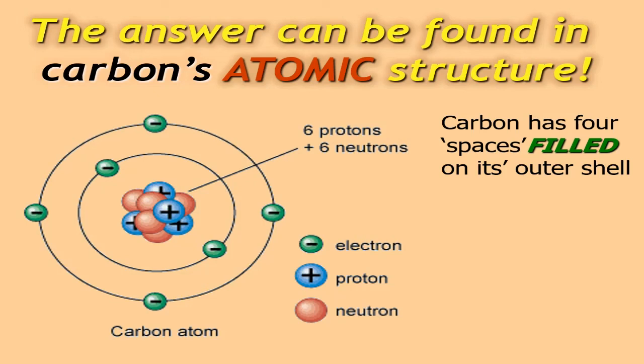You can see that there are 2 electrons in the first shell, which is full, and that the second shell is not full, and that it has 4 electrons, but that it also has 1, 2, 3, 4 empty spaces, because there's room for 8, but only 4 of them are occupied. And so that right there is a very powerful clue as to what happens next.